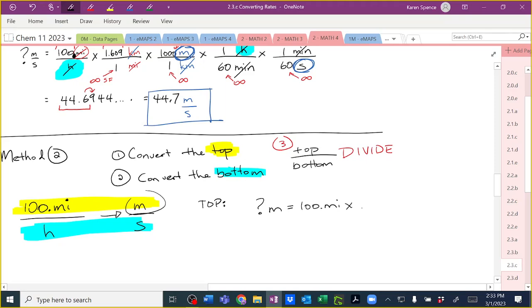So we know we can convert miles into kilometers, and we know we can convert kilometers into meters. There were 1.609 kilometers per 1 mile, and there were 1,000 meters per 1 kilometer.